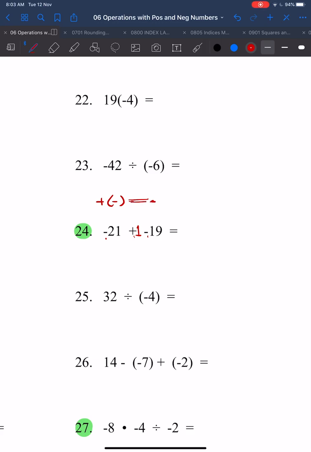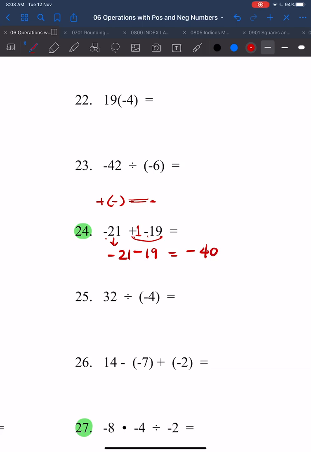There you go. So this becomes negative 19. And bring down this one, negative 21. So negative 21 minus 19 gives us negative 40.